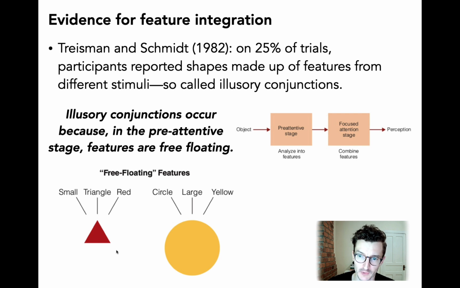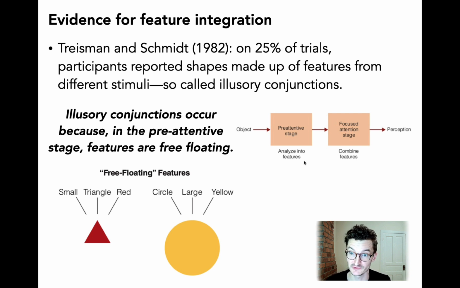And so under Treisman's model, what happens is that in this pre-attentive stage, if you look at an array of objects, all of their features are sort of freely floating around in your brain, represented by the firing of neurons in visual cortex. And attention combines these features together.